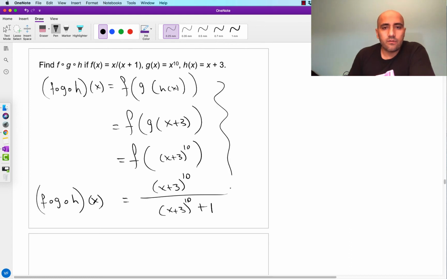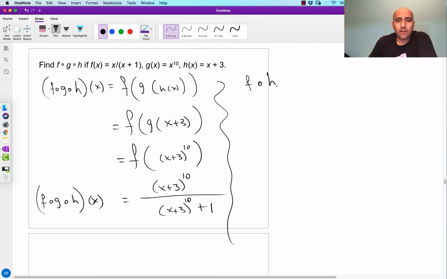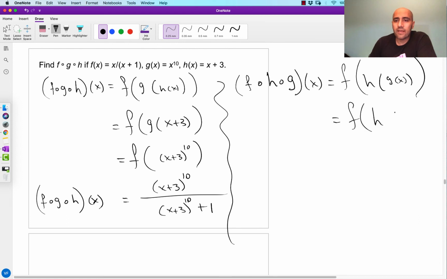Okay, let's try another one. How about f composed with h composed with g evaluated at x? Okay, so that's going to be f evaluated at h evaluated at g of x. That'd be f evaluated at h of, okay, so the g is x to the 10th power. Now the h says whatever input, add 3 to it.